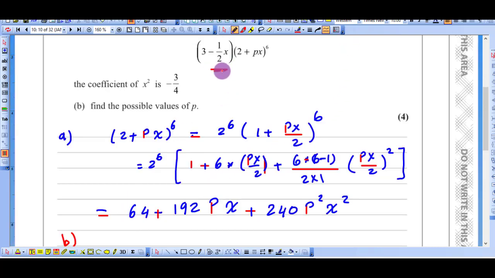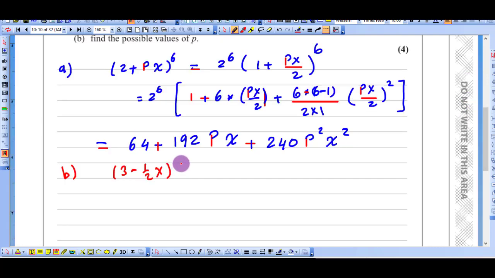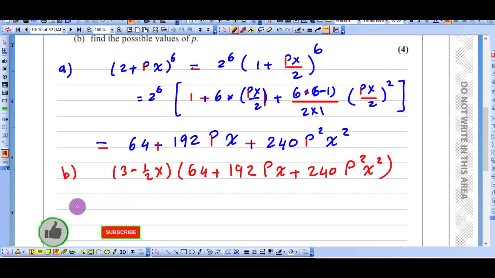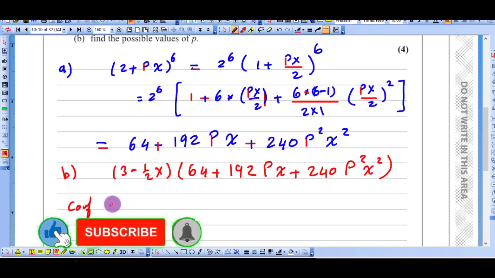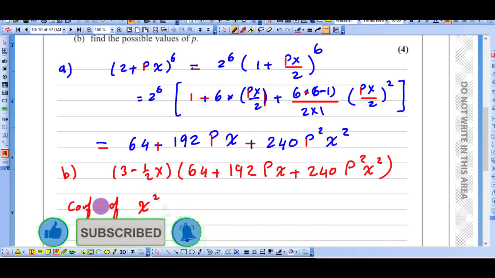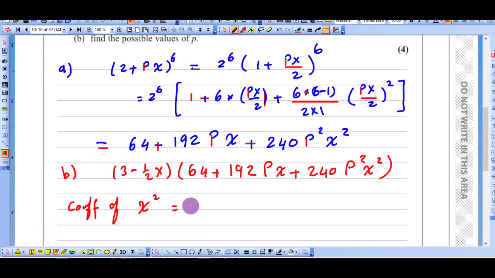We need to multiply this part, which is 3 minus half x, by the upper part, which is 64 plus 192bx plus 240 b squared x squared, and find the coefficient of x squared. We need the coefficient of x squared to be equal to minus 3 over 4. Okay?